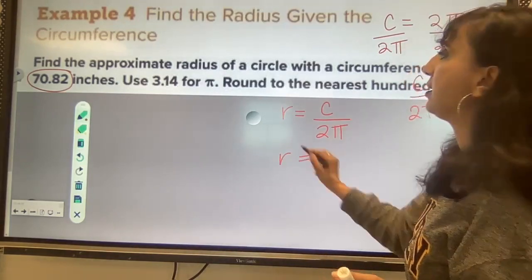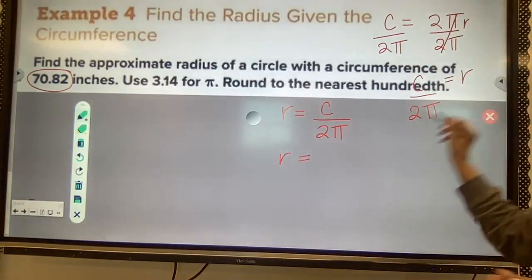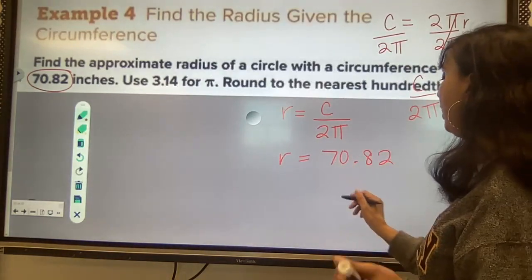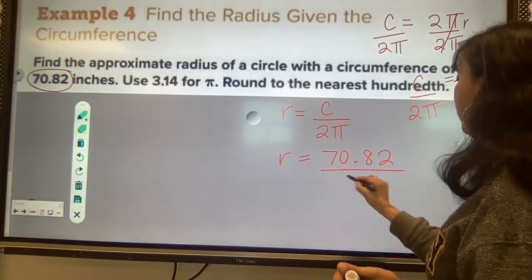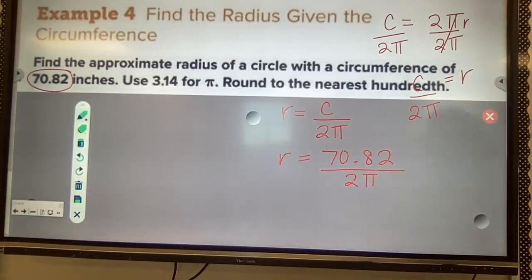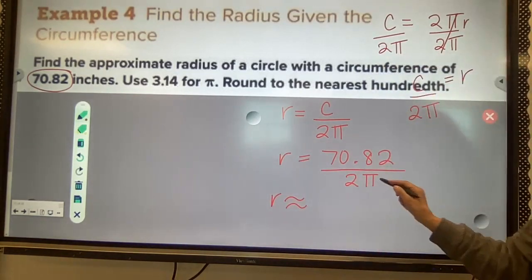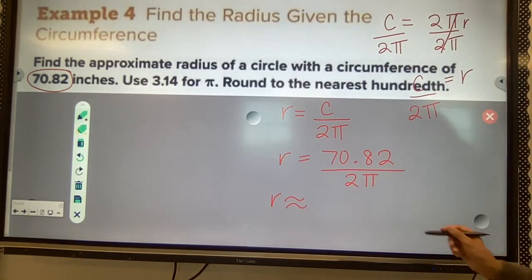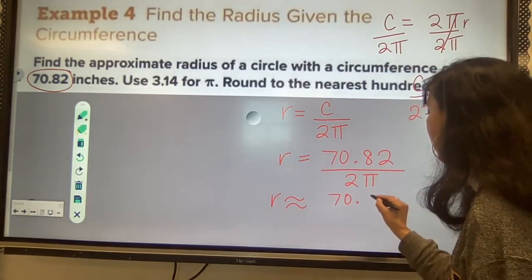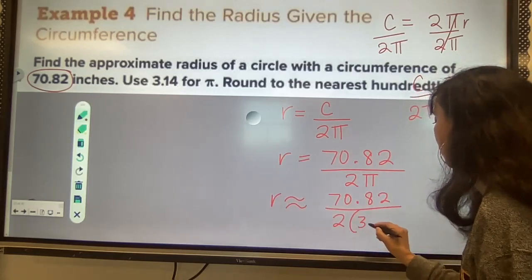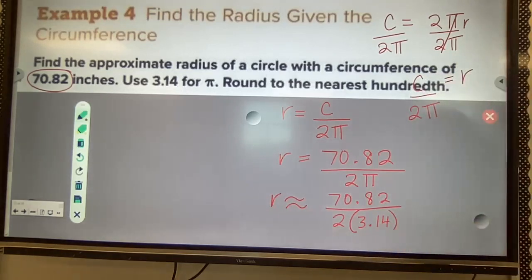We've been given the circumference of the circle as 70.82, and this is going to be divided by 2 pi. Now I'm going to use an approximation, because I'm changing pi to 3.14, which is an approximate value. So 70.82 over 2 times 3.14.